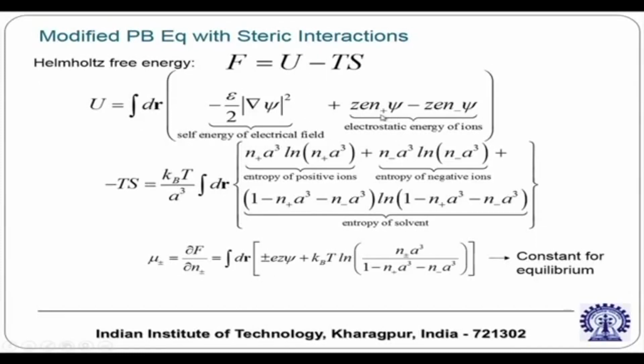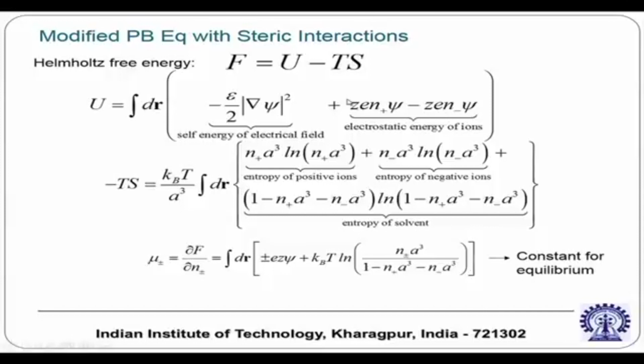If you have a Z:Z symmetric electrolyte, it is Z n plus psi minus Z n minus psi. So fundamentally it is summation of Zi e Ni psi. So this is about the electrical component.